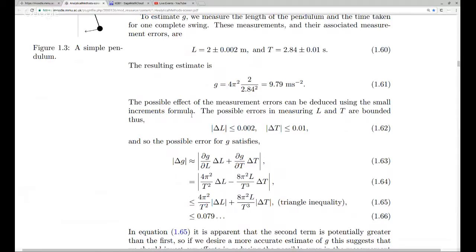You feed it all in there, and it gives us this upper bound for the error in our estimate of G. So this estimate of G at 9.79 meters per second, the error bands from our measuring ruler and stopwatch or whatever, their combined effect produces a possible error amount in the absolute value of delta G. So we're going to say G is 9.79 meters per second plus or minus 0.079 meters per second.